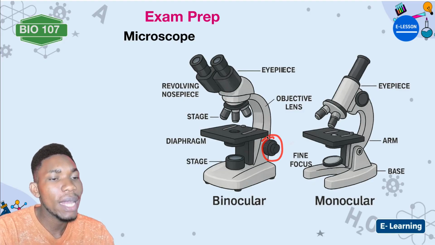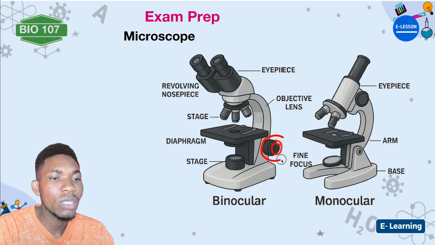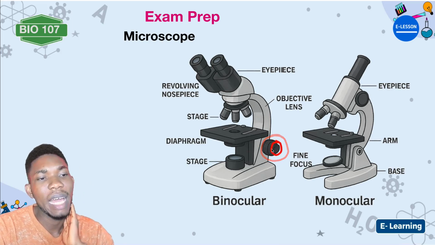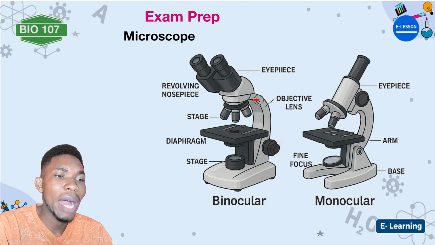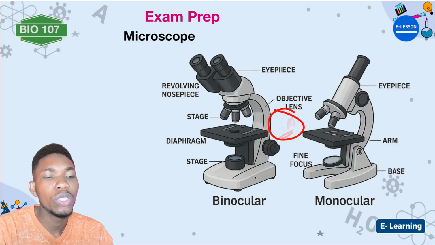One is called the coarse adjustment knob, and the other one is called the fine adjustment knob. The bigger one is the coarse adjustment knob, and the smaller one is the fine adjustment knob. Then this back part here is the handle or the arm. This is where you hold your microscope.